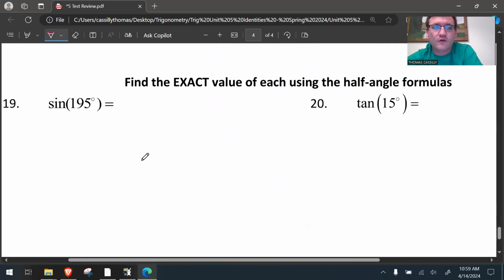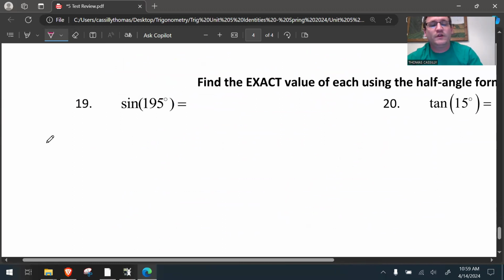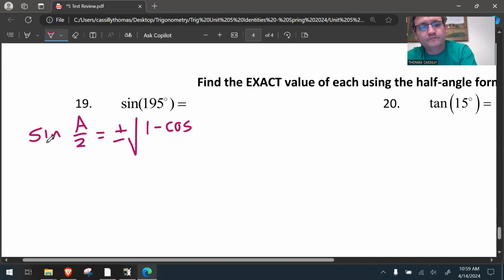Let's finish strong here. Find the exact value using the half angle formulas. So we know, again, the sine of a/2 equals plus or minus the square root of 1 minus the cosine of a all over 2.